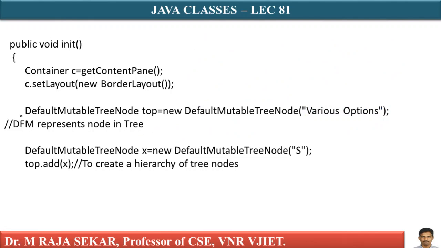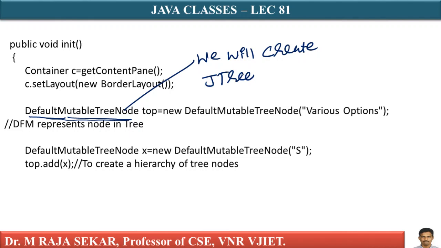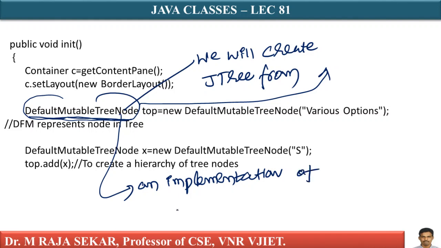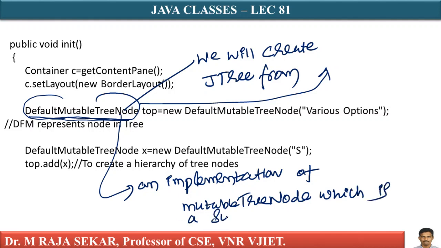Anyway, let me explain this program. We have DefaultMutableTreeNode. We will create the JTree from this particular one, from DefaultMutableTreeNode. DefaultMutableTreeNode is an implementation of MutableTreeNode, which is a subinterface of TreeNode.